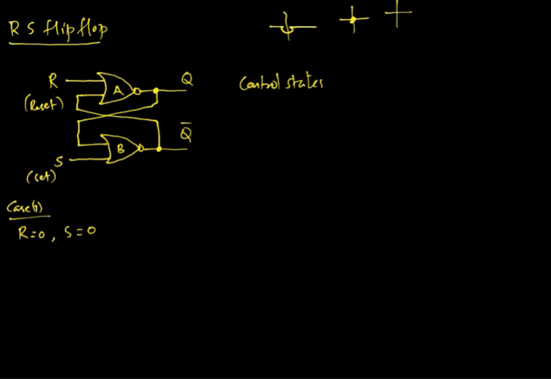That means, suppose you consider Q is equal to 0, then the inputs of NOR gate B will be S is 0 and Q is also 0. So Q bar will be 1.